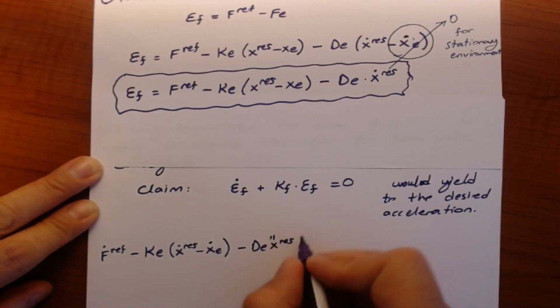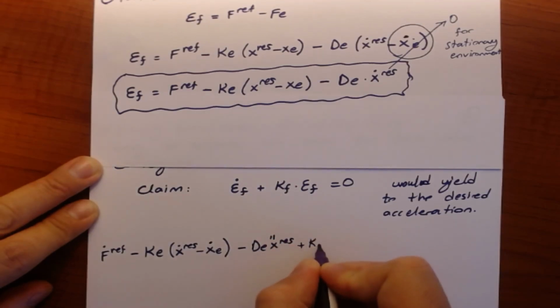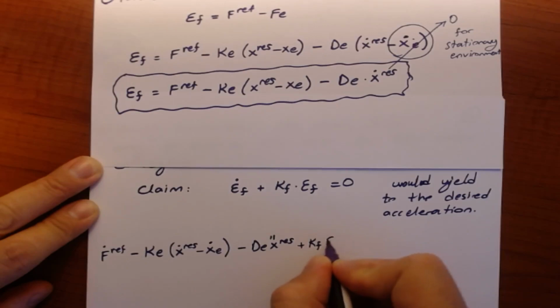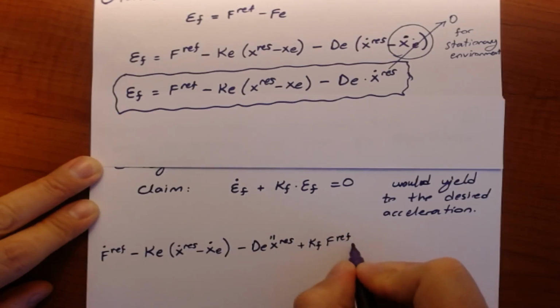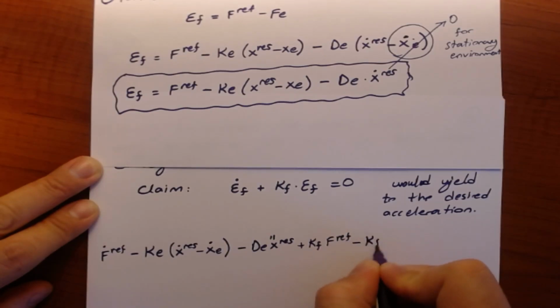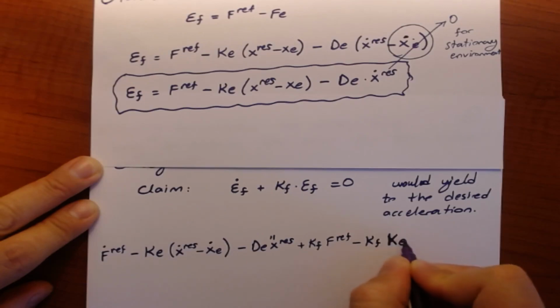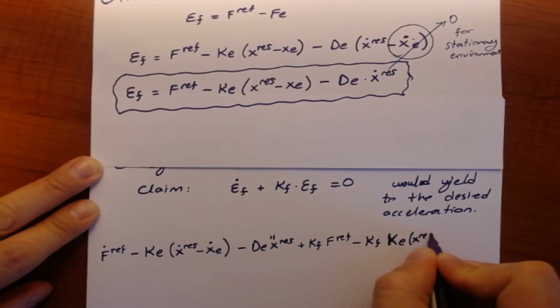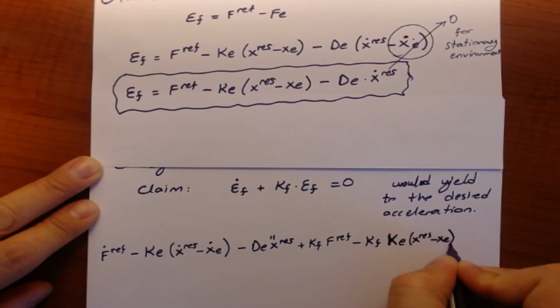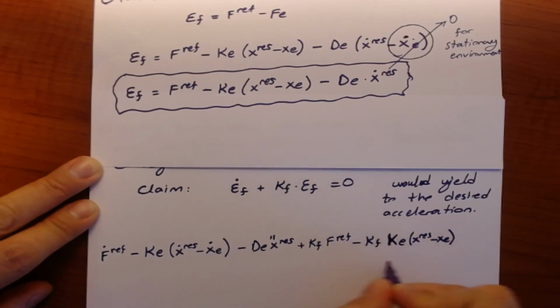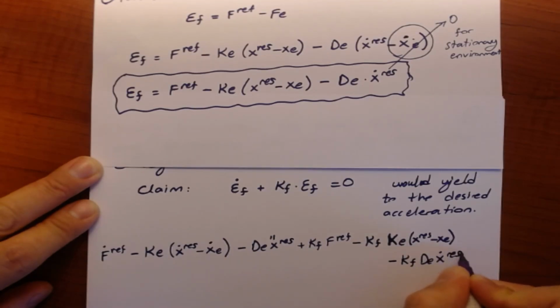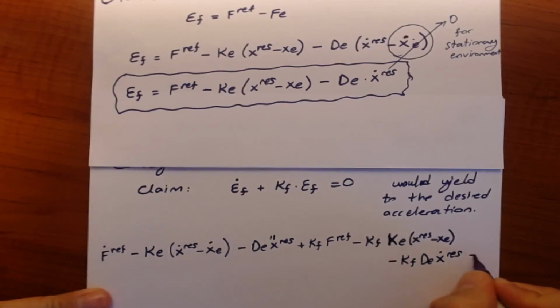Plus kf ef plus kf times f reference minus kf, I'm sorry, ke, this is k not x, ke times x response minus xe, minus kf de x dot response should all be equal to 0 value.